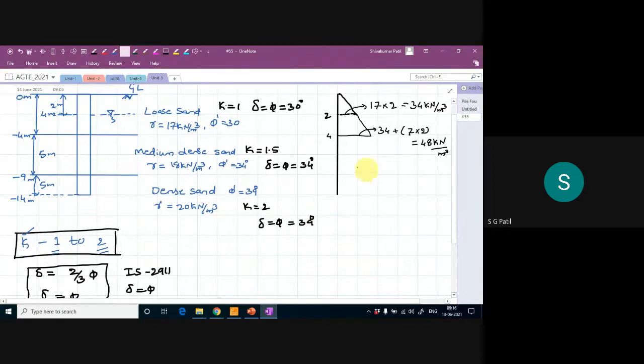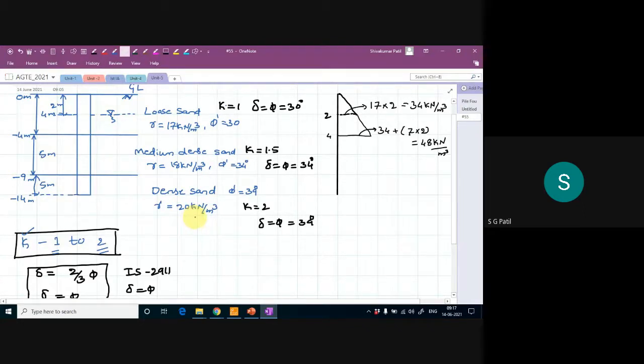Here I will consider it because it is a sandy soil. Always this critical depth concept will come into the picture wherever you have a sandy type of soil, because of soil arching. Soil arching will always take place in sandy type of soil.